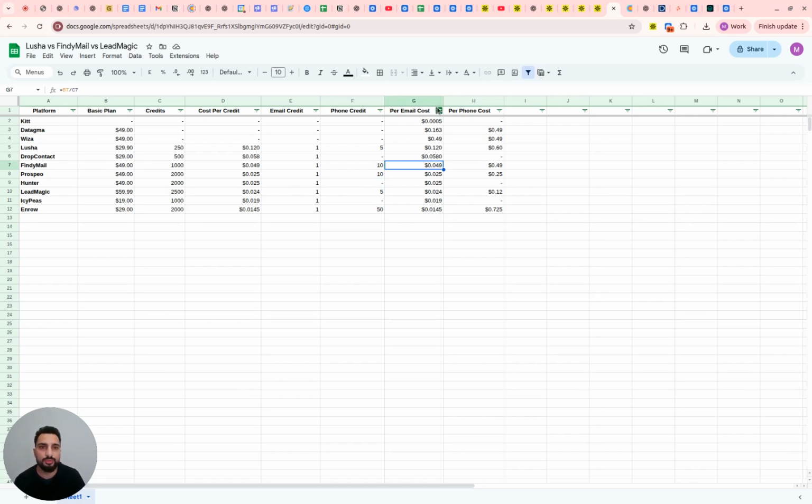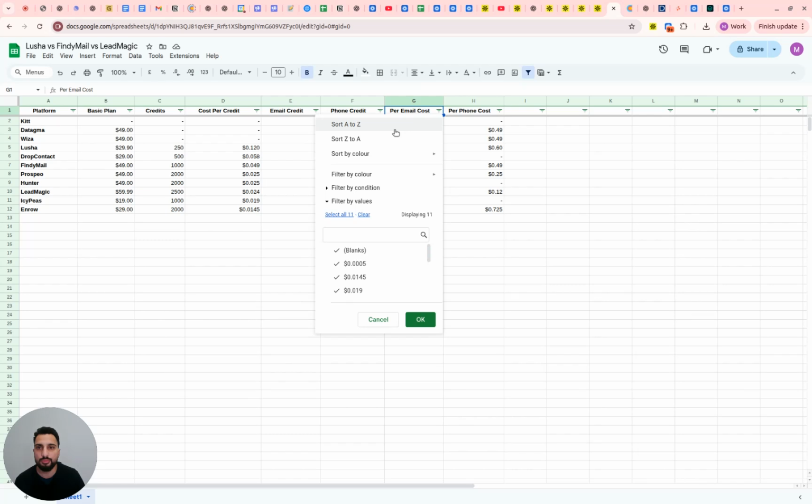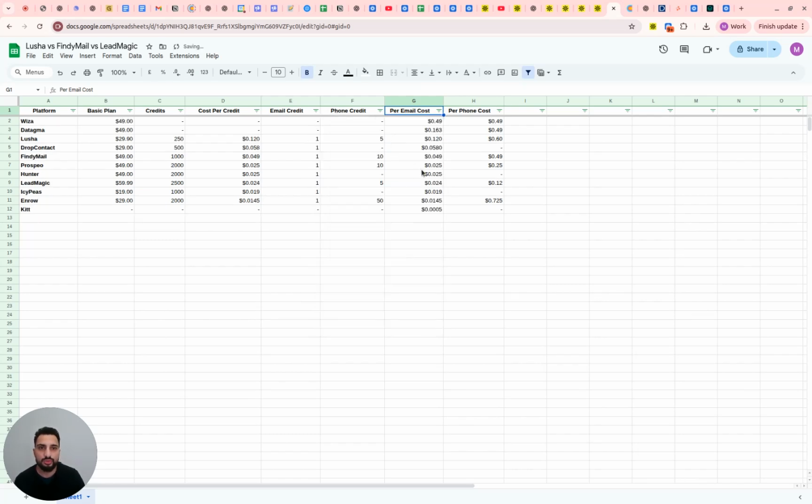So to find an email, it's pretty similar, because one email is equal to one credit for almost all of them. You can see that Kit is the cheapest option, but I will explain why. Let's say Enrow is the cheapest option, right?